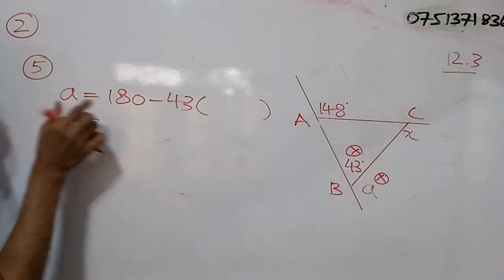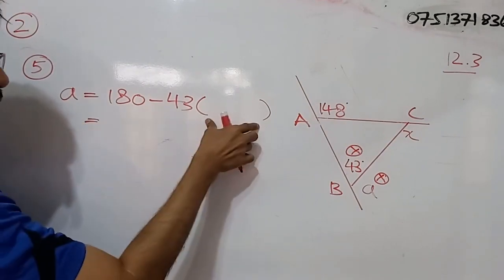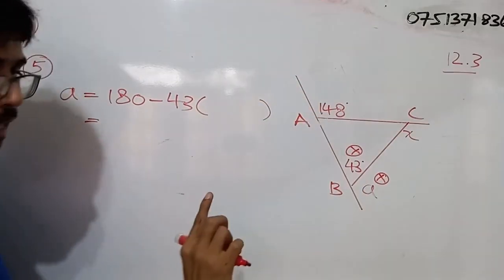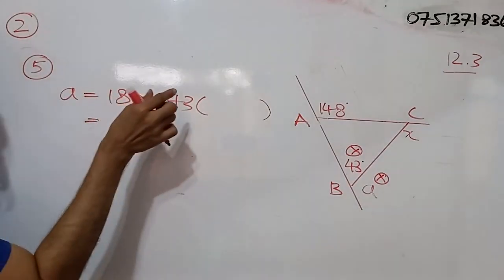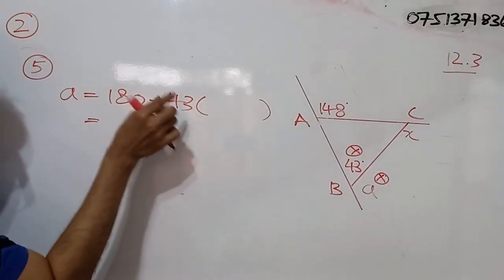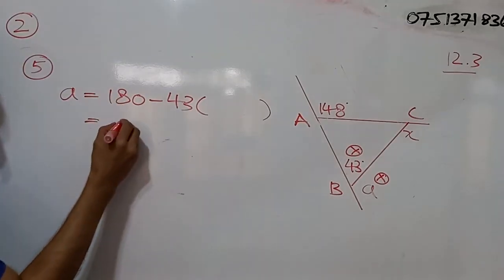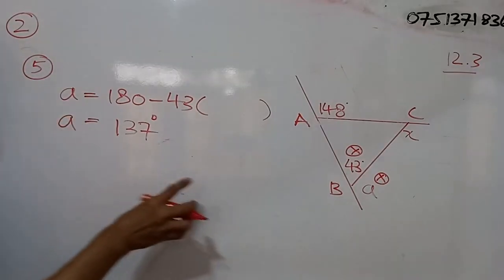So from that we can calculate the value of A. Right? So here what is the reason? If you put simply AB is a straight line, the idea is there. Right? So 180 minus 43. 180 minus 40 we get 140. 140 minus 3 we get 137. Right. So that is the value of A.